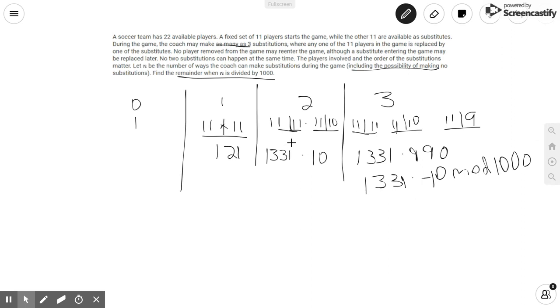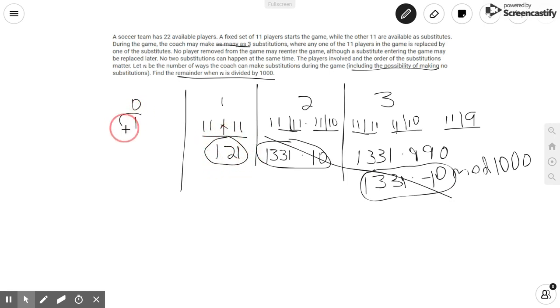So we notice that if we add 1331 times 10 mod 1000 and 1331 times negative 10 mod 1000, these actually just cancel out. So our final answer actually ends up being 121 plus 1, and that gives us an answer of 122.